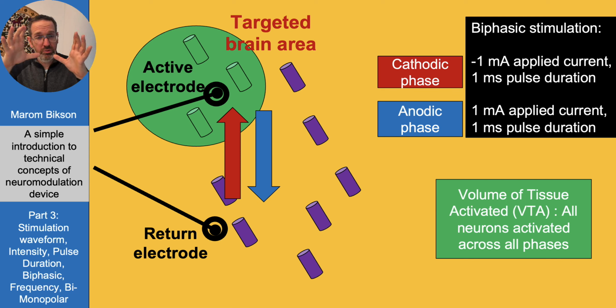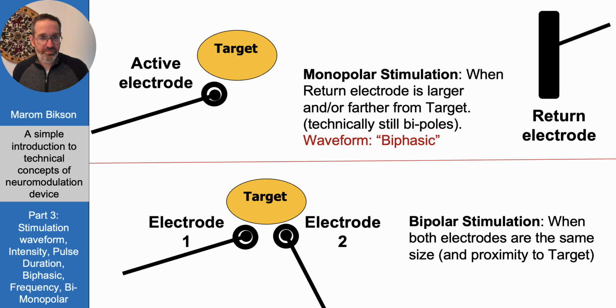Those neurons go, but the neurons at the bottom don't. And the only difference between the top and the bottom is the top was cathodic phase first, followed by anodic phase, while the bottom, if you think about it, was anodic phase first, followed by cathodic phase. So again, this is a difference with a distinction. If we lead with cathodic phase or lead with anodic phase, it may have an influence on the volume of tissue activated. All right.